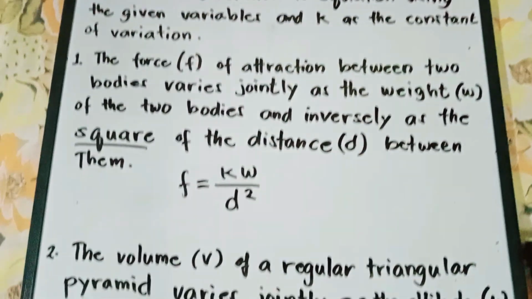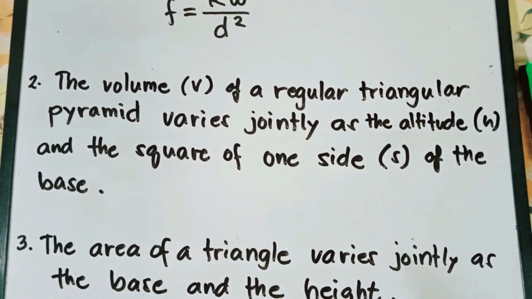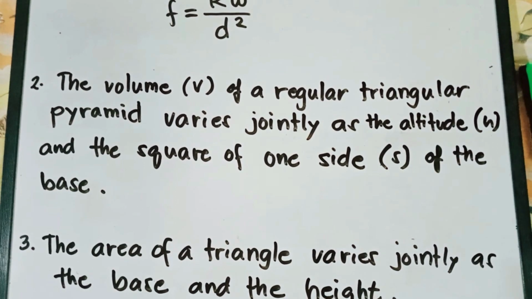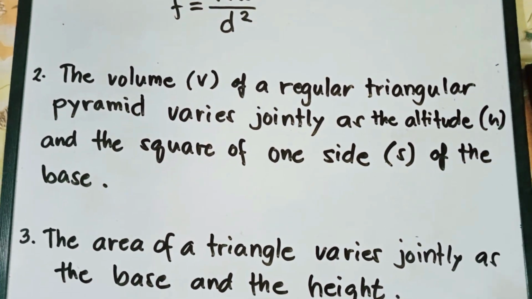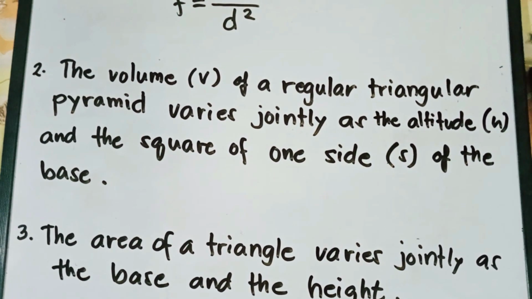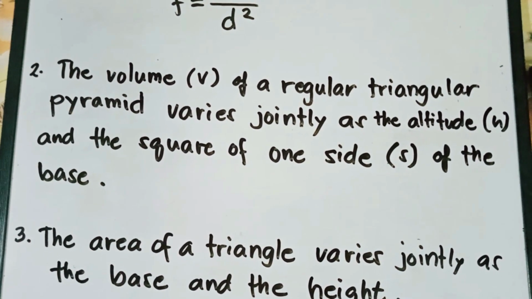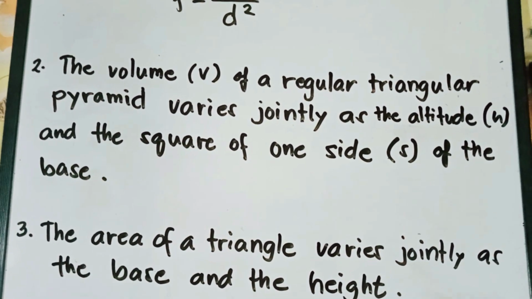Another example, number 2. The volume B of a regular triangular pyramid varies jointly as the altitude h and the square of one side s of the base.